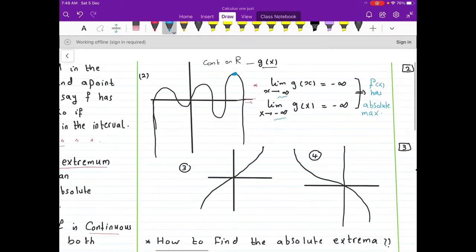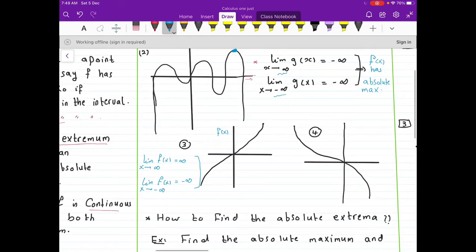Now, if we take this function f of x, what is the limit of f of x as x approaches infinity? Obviously, it is infinity. And the limit as x approaches minus infinity is minus infinity. Does this function have an absolute max and minimum?